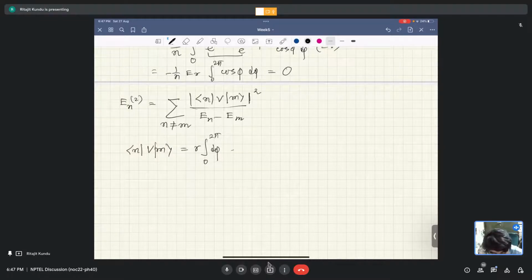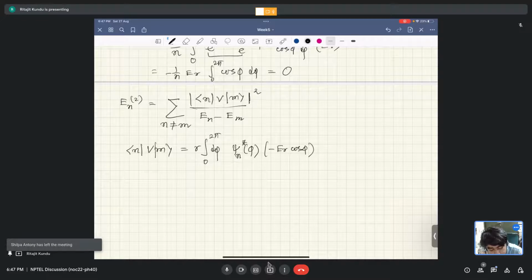Let me first write this as psi n star of phi, and V is minus eR E cosine of phi, and then I have psi m of phi. I'll simplify this by taking all of the constants out.